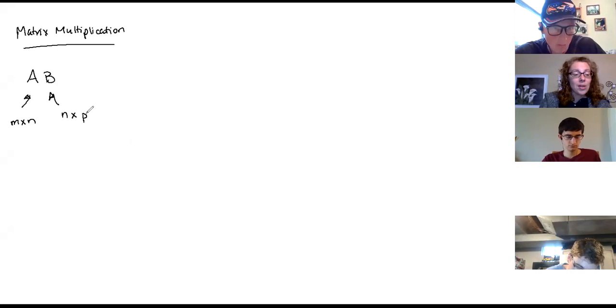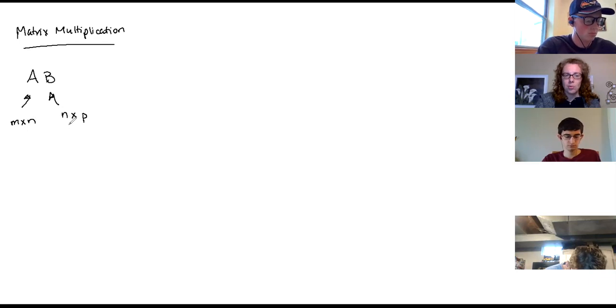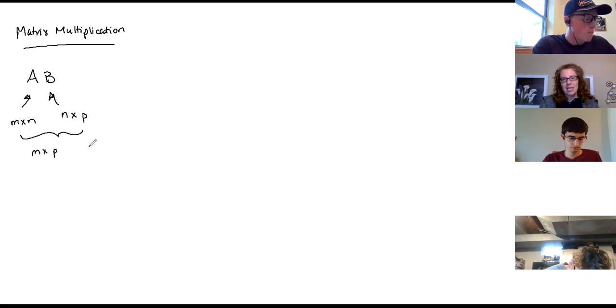It doesn't matter what the something is, but the number of columns in A has to equal the number of rows in B. We'll see why in just a minute. And then my result is a matrix that is M by P.